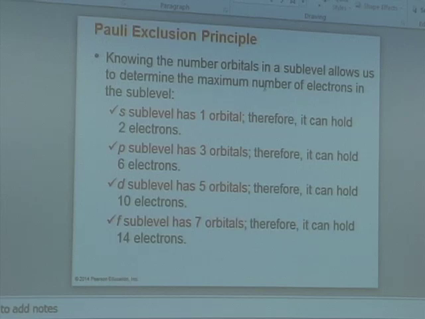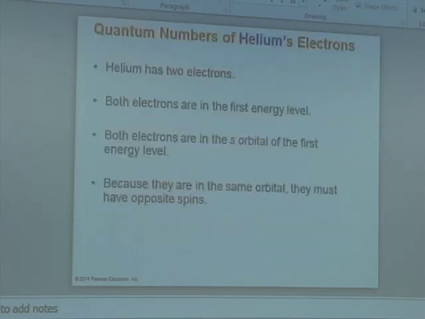Knowing the number of orbitals in a sub-level, we learned that the s is one orbital, so it can only have two electrons. The p, we learned the x, y, and z, so it can have 6 electrons. We learned about their shapes also last time. The d sub-level has 5 orbitals, and the f sub-level has 7 orbitals.